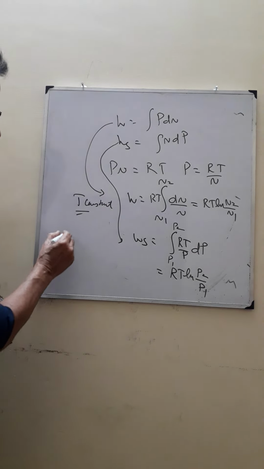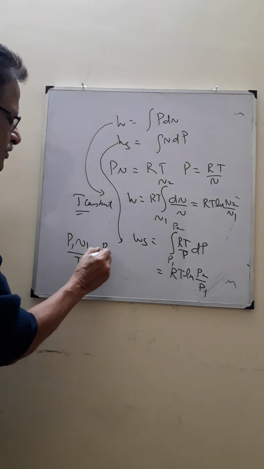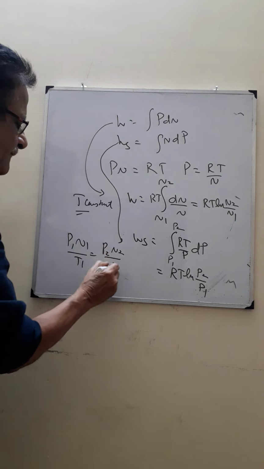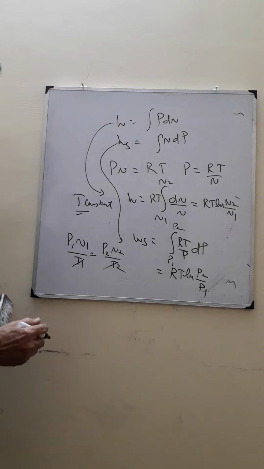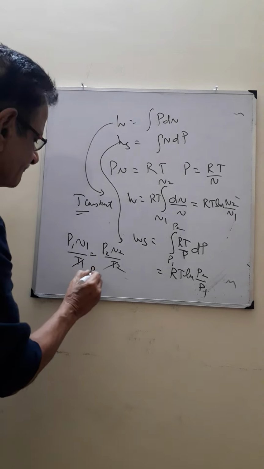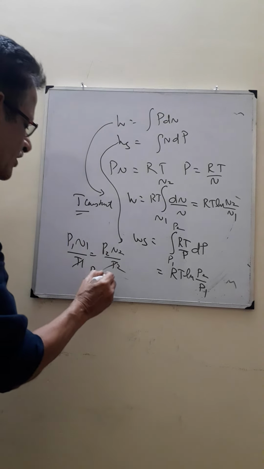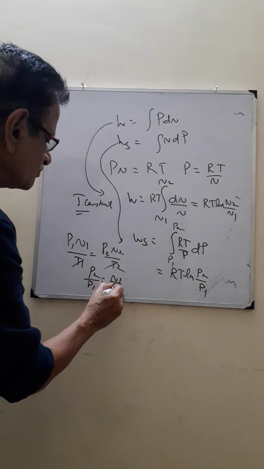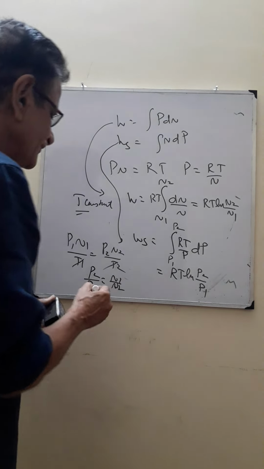Now, we know P1 V1 by T1 is equal to P2 V2 by T2. Now, you assume temperature is constant, therefore T1 equal to T2. They will get cancelled. Therefore, P2 by P1 is equal to V1 by V2. Now, substitute here V1 by V2.